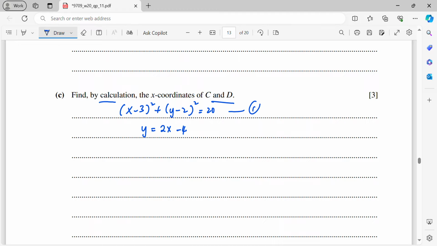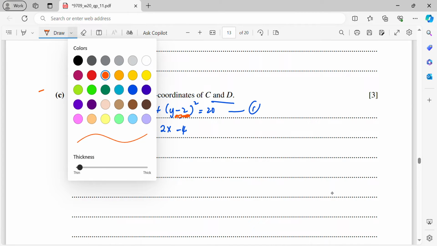Now, when we need to solve this, you can get y, then substitute back into this. If you do not want to, because here I need y minus 2, and this is just y, what I can do is directly find y minus 2, then replace directly. It's all up to you.